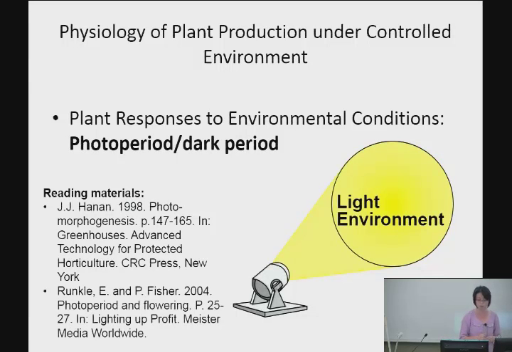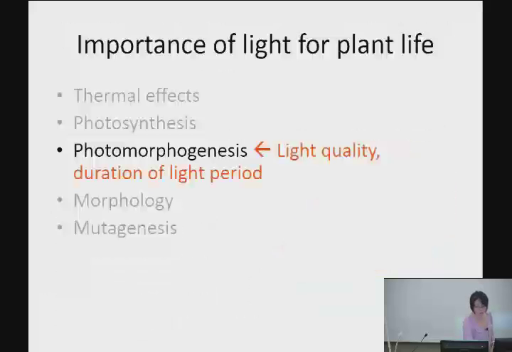It's several pages, just to get a summary of photoperiodic response. I use a lot of information from their articles because they are the top runners in this area, photoperiodic response science and application. Those are the two reading materials, already linked in D2L.